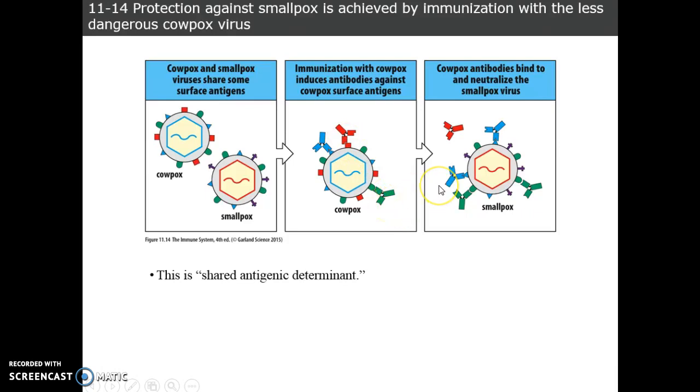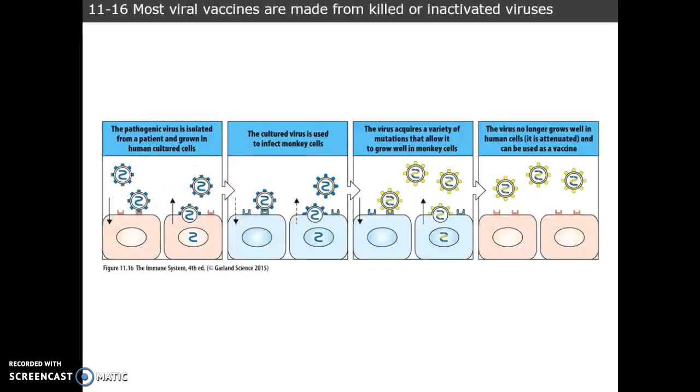And then if they were infected with smallpox, well, then the blue and the green antibodies would be protective. The red weren't, but as long as you had the blue and the green, it didn't matter about the black here, those patients were protected. And this is called shared antigenic determinant, and this is still a technique that is utilized today.